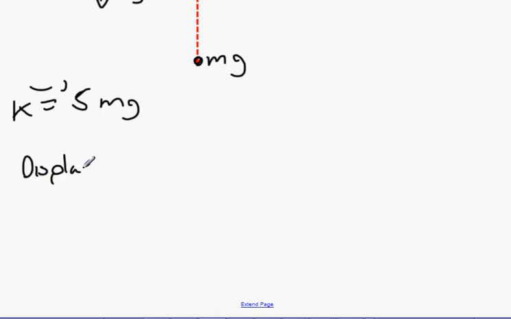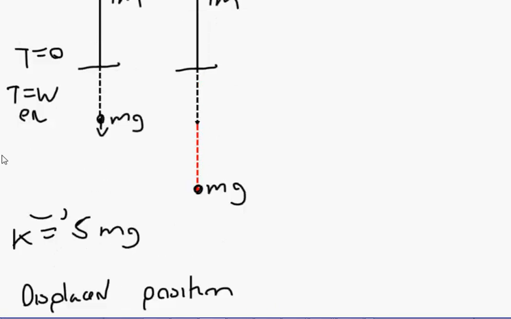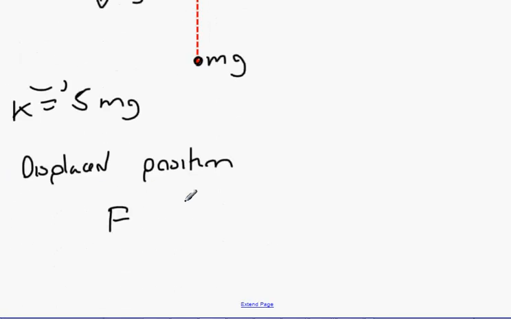Okay, so this is the displaced position. Now, in the displaced position, F equals mg going downwards, minus the force going upwards. Now, it's going to be K times the entire extension. What's the entire extension?